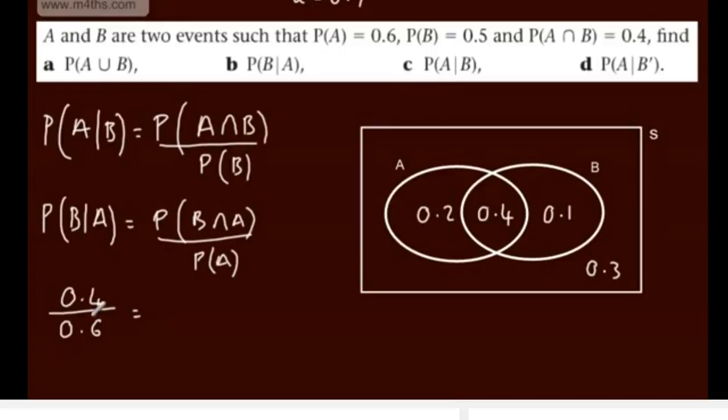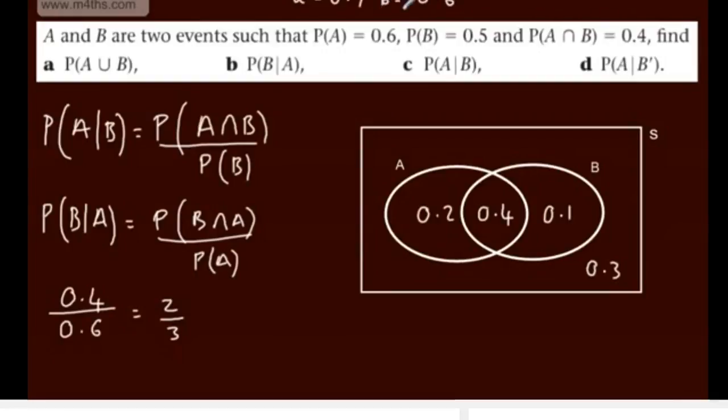So simplifying that is going to give us 2/3 or 0.6 recurring. So let's write that there, 2/3 or 0.6 recurring.